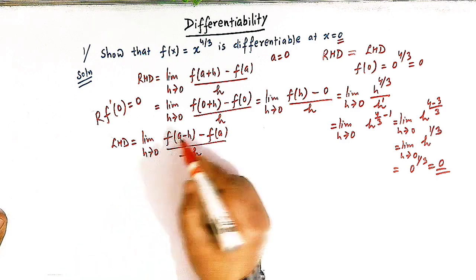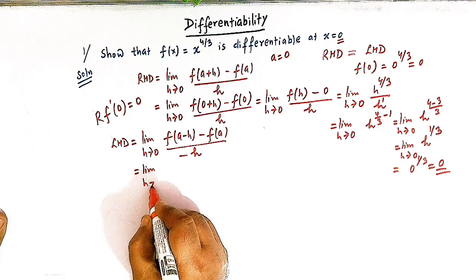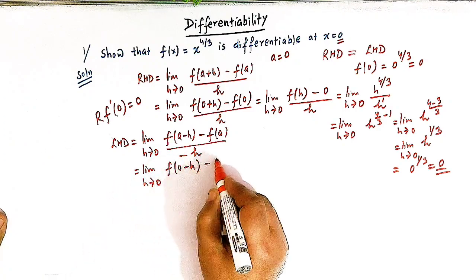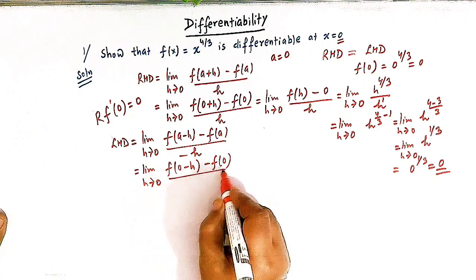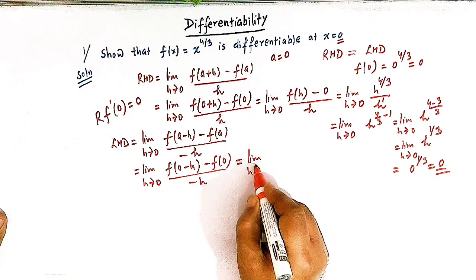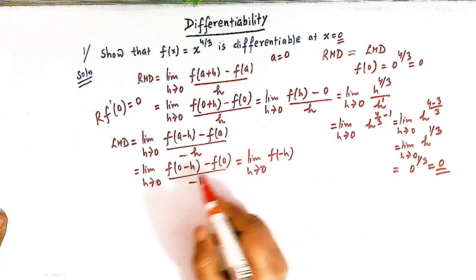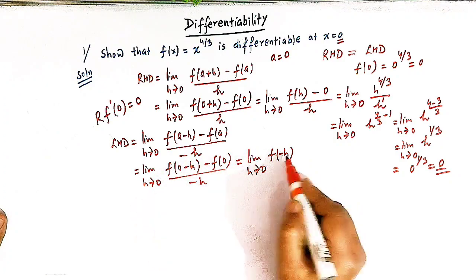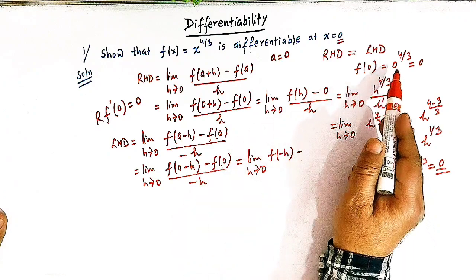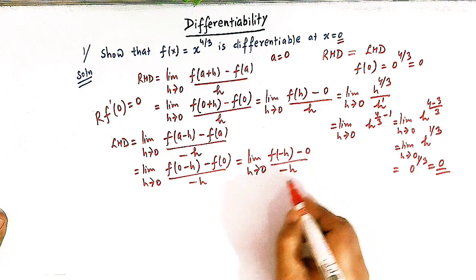Now taking a is equal to 0, we can write limit h tends to 0, f of 0 minus h minus f of 0 divided by minus h, and this is simply f of minus h because 0 minus h is minus h, and f of 0 is equal to 0. So here we have 0, here we have minus h.